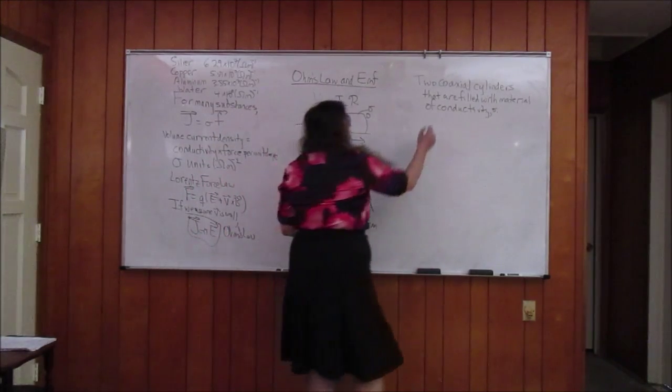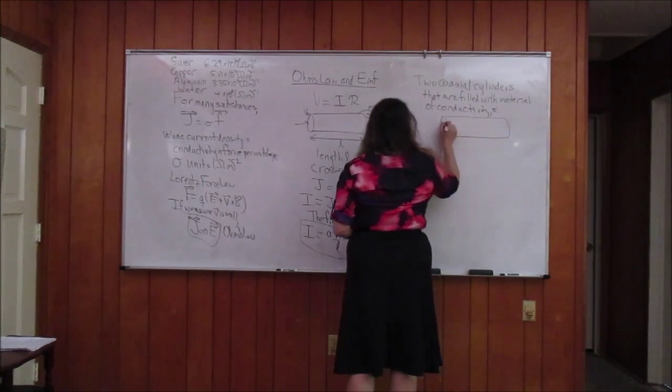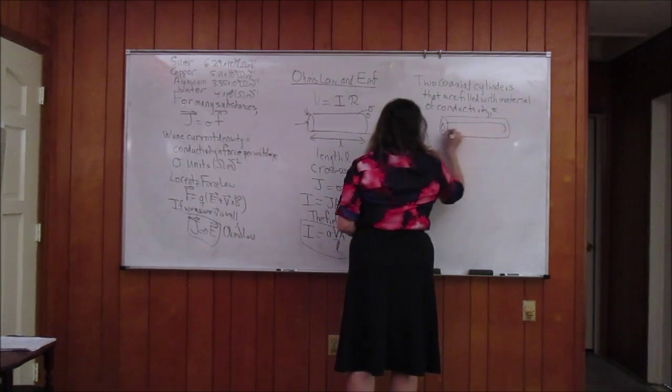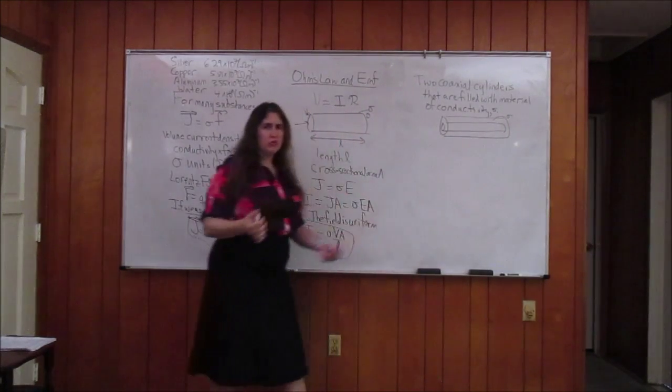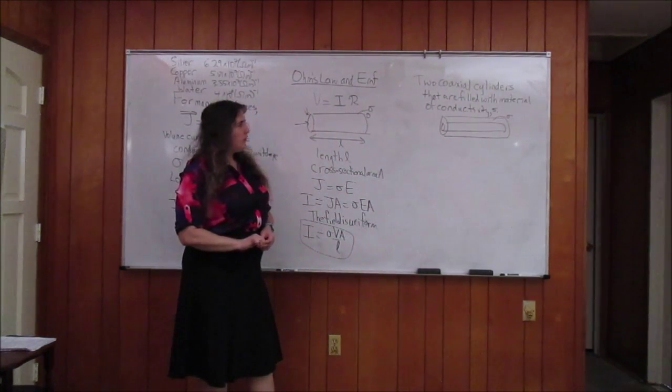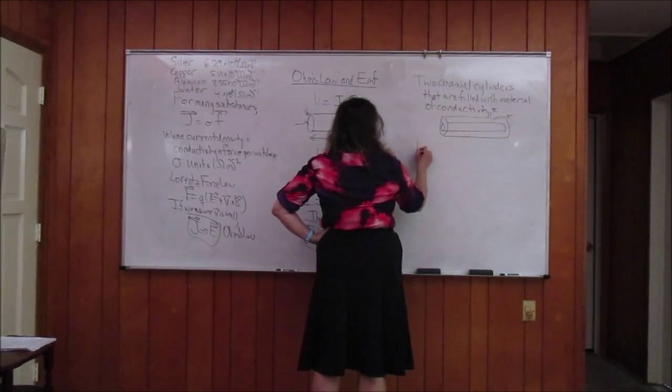I'm going to determine a couple of things here. I want to figure out the current that flows. I want to figure out the electric field. I want to figure out the resistance. Okay? So how do I write down the electric field?